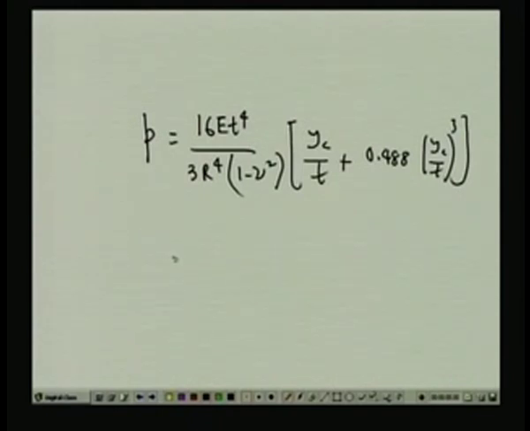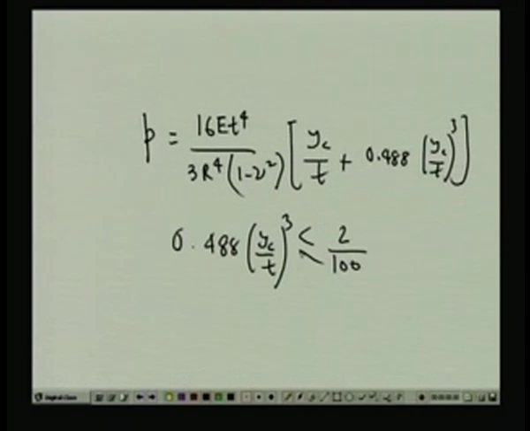This is our nonlinear term, is it not? So, nonlinearity is introduced due to the second term. So, it is given 0.488 Yc by T whole cube, 2 by 100, right. So, this will give me Yc by T equal to 0.345.